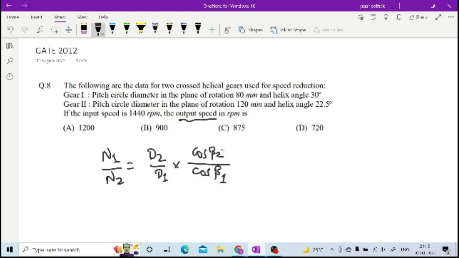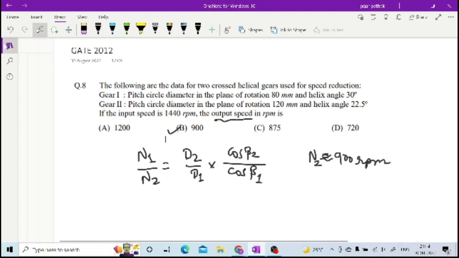So all the values are with you except n2, because d1 and d2 are given, beta 1 and beta 2 are given, and input speed n1 is given. So when you simplify, you will find your n2 is almost about 900 rpm. So your correct answer will be this 900 rpm.